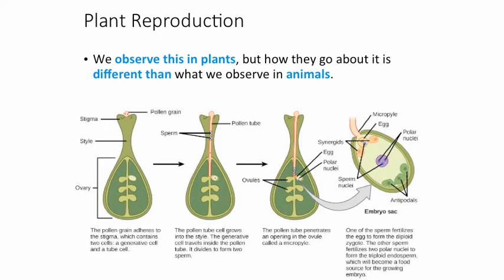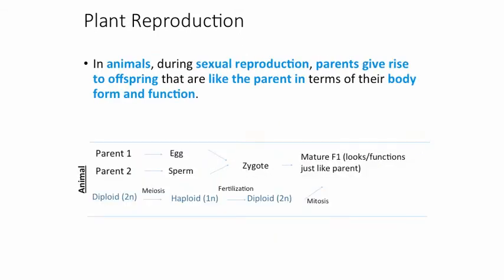Now, some plants do reproduce asexually, but for the plants that reproduce sexually, how they go about it is very different than what we observe in animals. In animals, during sexual reproduction, parents give rise to offspring that look very much like the parent. For example, if you have two adult cats, they're going to produce a kitten that looks very much like them. So we have two diploid parents.